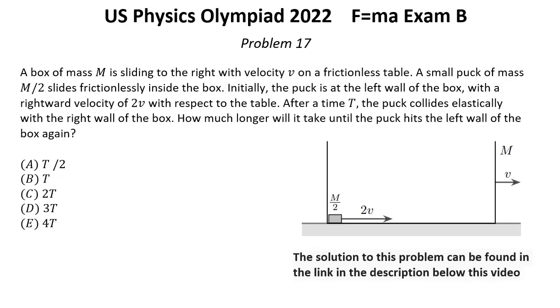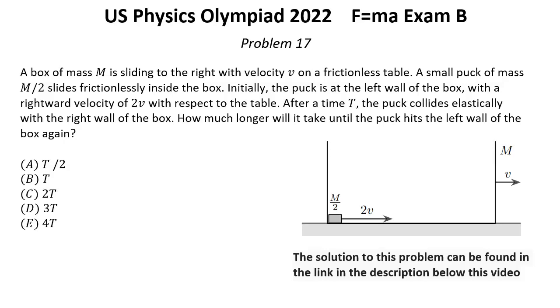Problem number 17. A box of mass big M is sliding to the right with velocity v on a frictionless table. A small puck of mass m/2 slides frictionlessly inside the box.